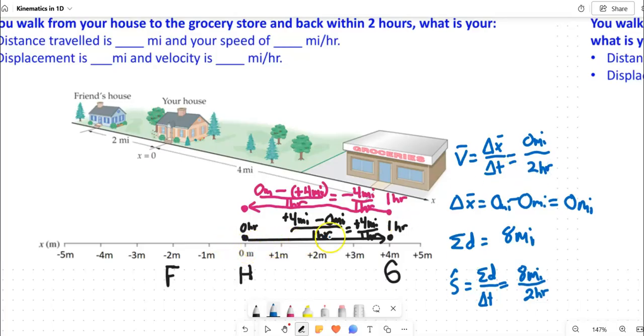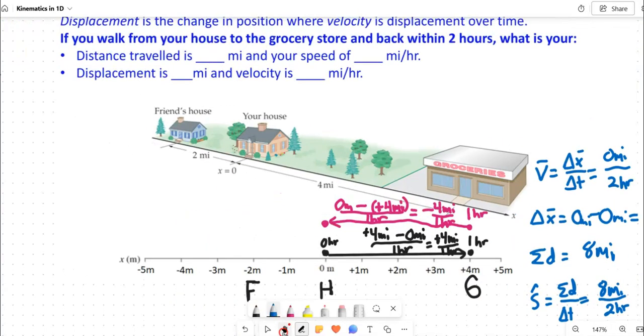Even though your velocity to the right was a positive 4 miles an hour and your velocity to the left is a negative 4 miles for every 1 hour, your average velocity for that whole day is going to be 0 miles over a period of 2 hours, while your speed is going to be a total distance of 8 miles over that 2 hours.